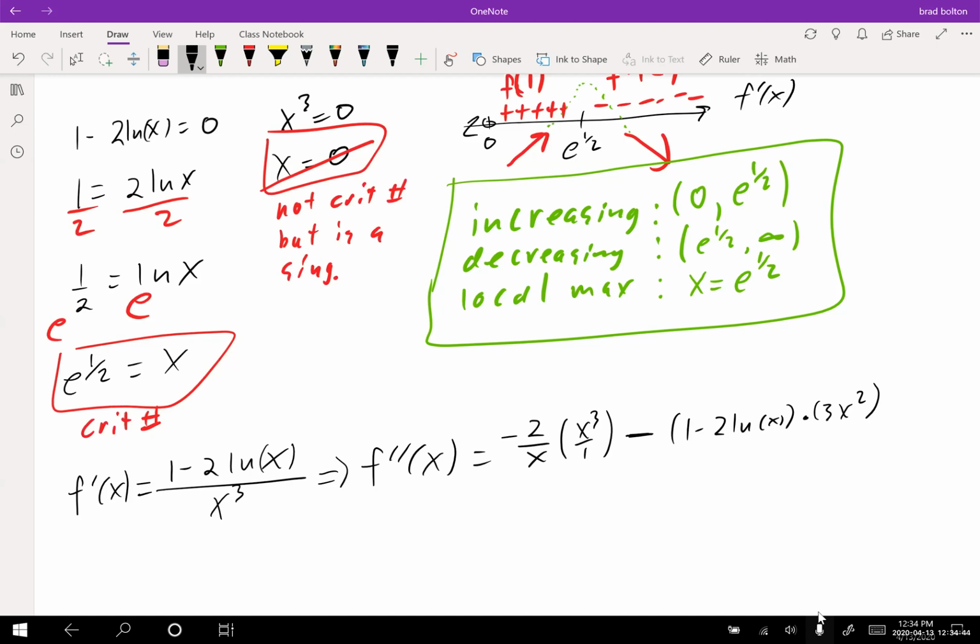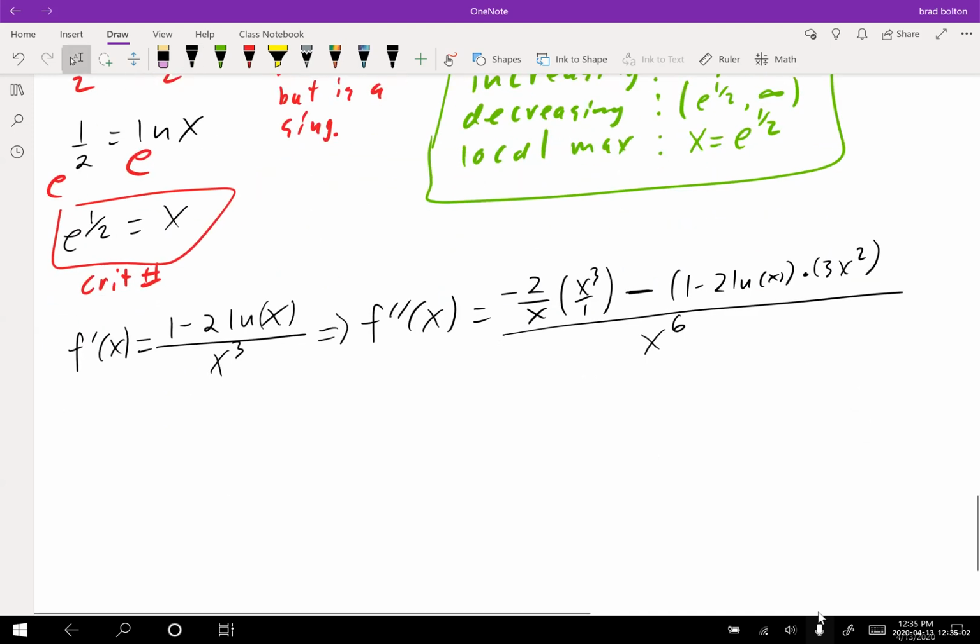Okay. So let's clean this up best we can. This will be -2x squared. Oops, forgetting once again to divide the whole thing by x cubed squared. So that'd be x to the 6th. Okay. So now we have f double prime of x equals -2x squared minus 3x squared times 1 minus 2 ln of x, over x to the 6th.